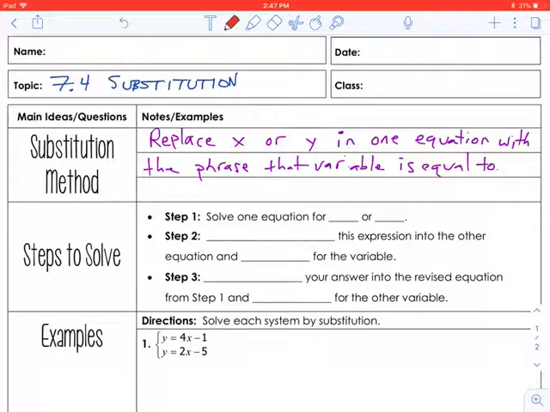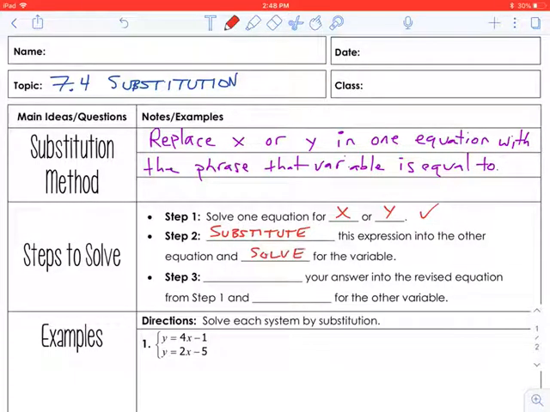So solve one equation for x or y. That's already going to be done for us. One of them is going to be by themselves. And then step 2, we're going to, of course, substitute this expression that x or y is equal to into the other equation and then solve.